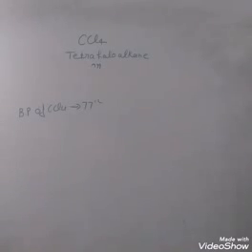The most important property of carbon tetrachloride is that it is non-inflammable and used as a fire extinguisher. So these are the main properties of carbon tetrachloride.